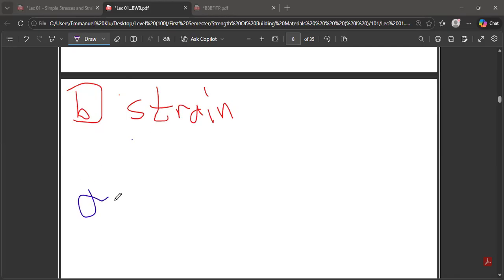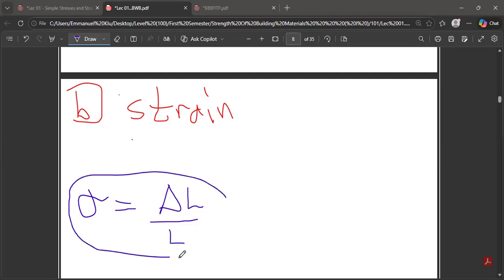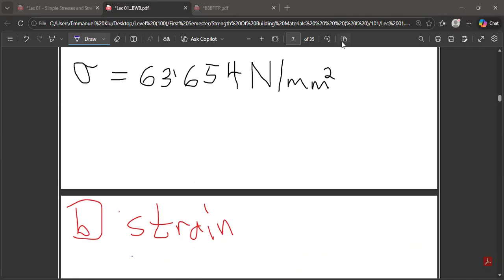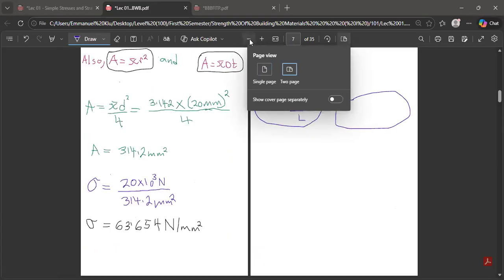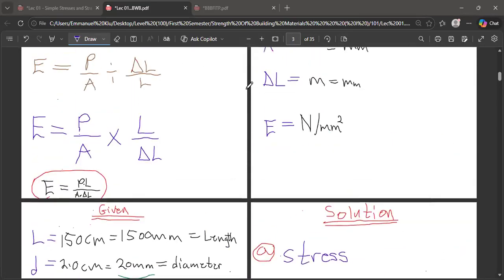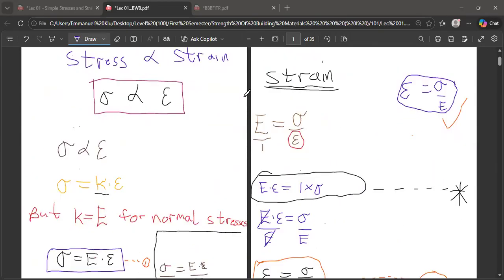We said that the strain is equal to change in length over what? This is one formula. Also, what is the other formula for strain?